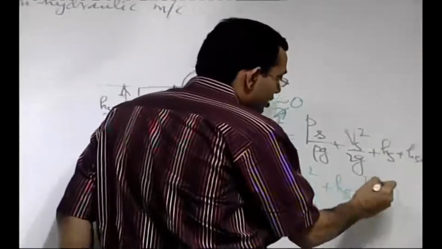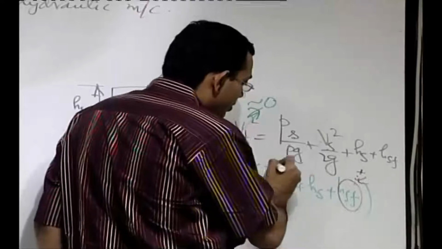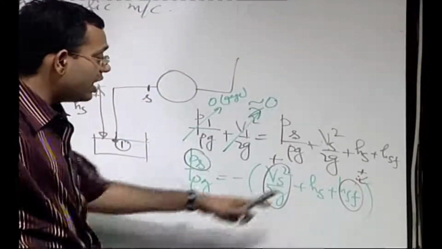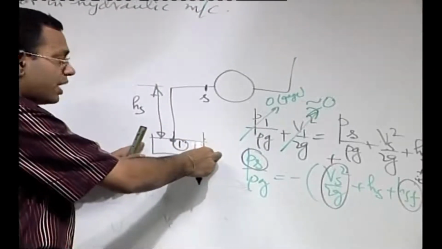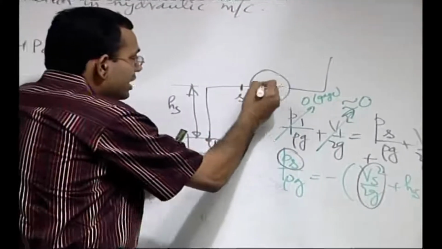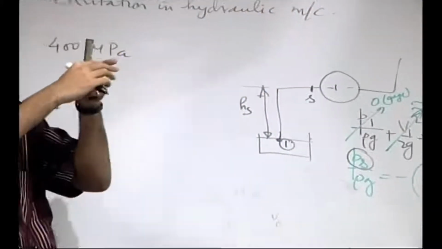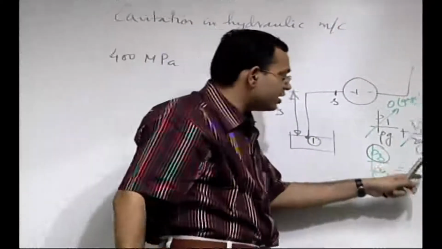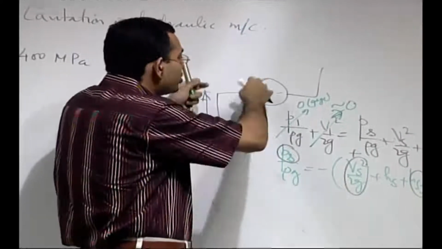Hsf is always positive, it is a loss, Vs square by 2g is always positive, and Hs may be positive or negative depending on whether the supply reservoir is placed below or above the axis of the pump.